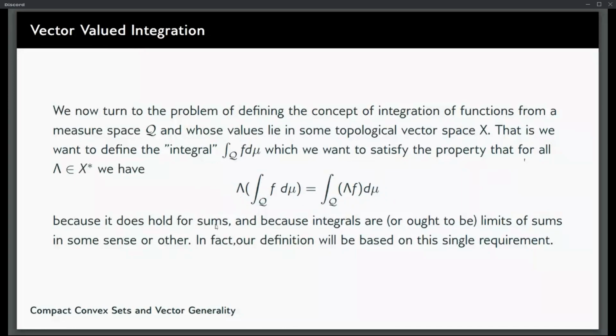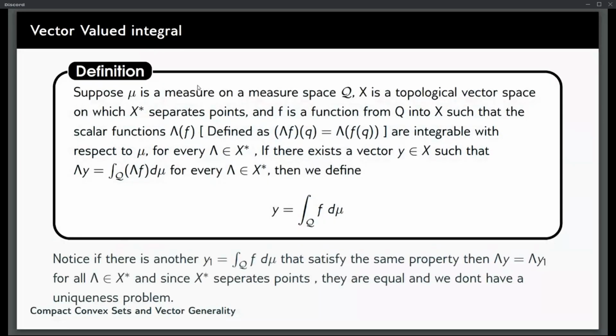And this holds for sums, right? And the integral, because we wanted to represent the limit of sums, like in the usual Riemann way at least, and even Lebesgue measure in a certain way. So this small fact is going to be the key for how we define the integral. We just want the function to satisfy this, basically.